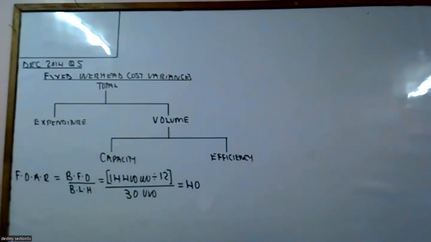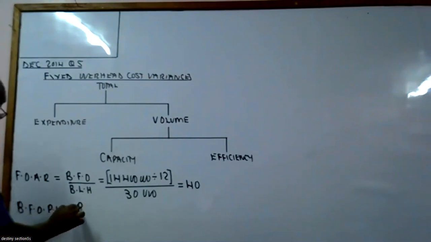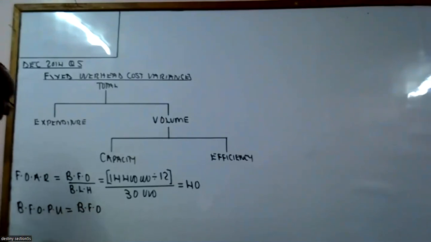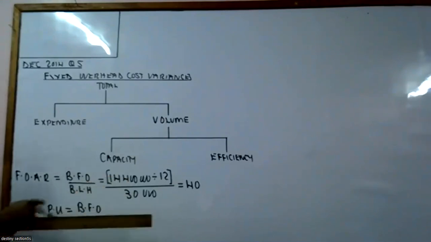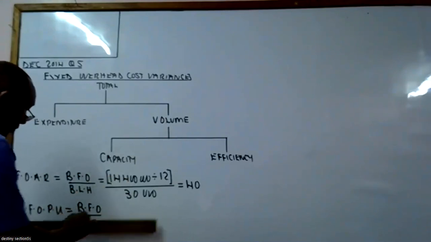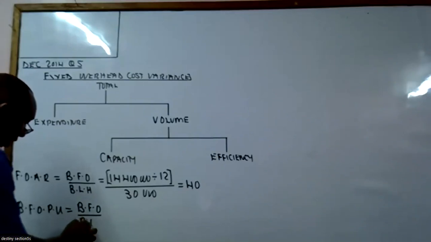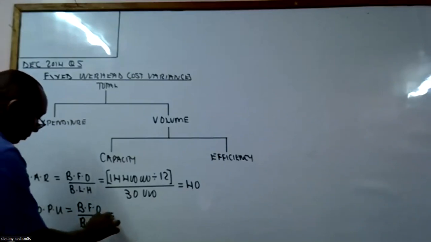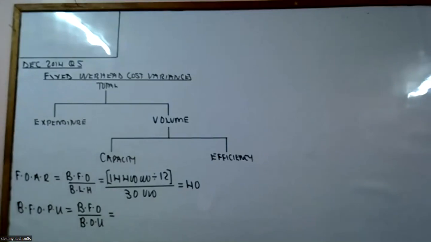So now the other thing that you need to be able to get is called budget fixed overheads per unit. All these things are in your notes. It is given as budget fixed overheads, you divide by budget output units.